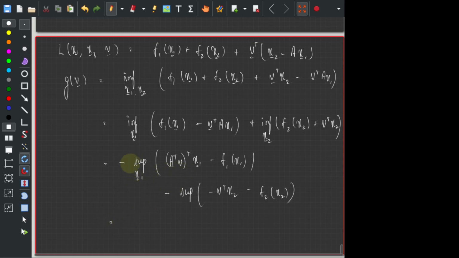Right, but what is the first term equal to? Minus f1 star of a transpose v. So this is the conjugate of f1 evaluated at a transpose v minus, what is the second term equal to? f2 star of minus v.